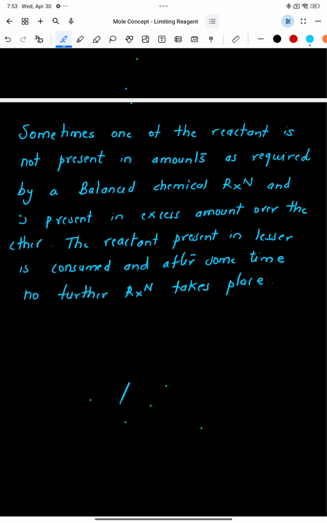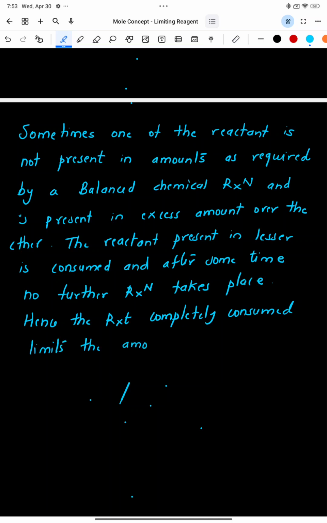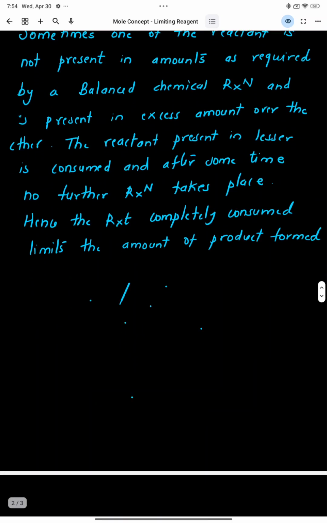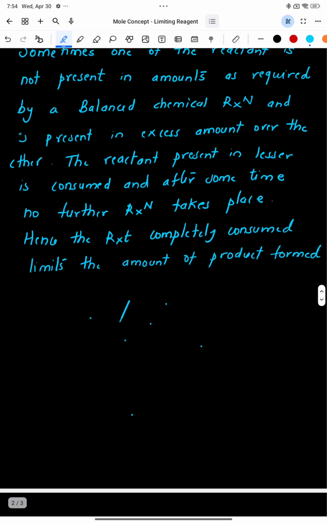Hence, the reactant which is completely consumed limits the amount of product formed, and this is the limiting reagent.